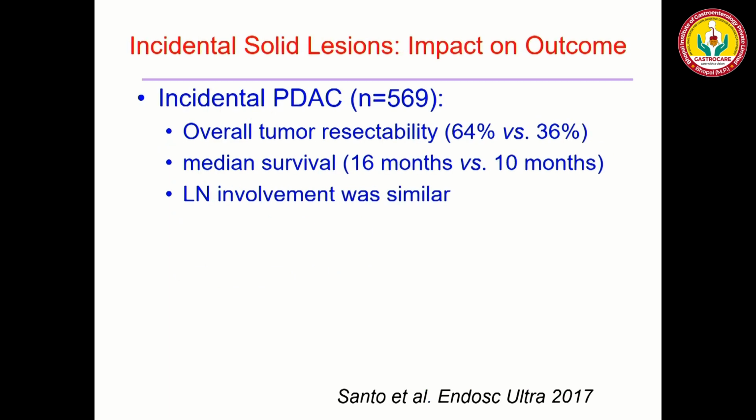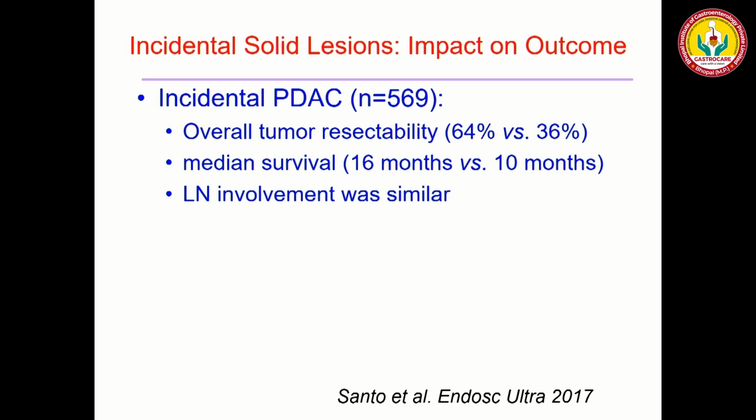Now, what is the impact on outcome if you find a lesion on imaging and the patient undergoes treatment? Overall, tumor resectability is better if you find an incidental lesion versus those who are symptomatic, which is kind of logical. Median survival is somewhat better, but in this series it was only 16 months.